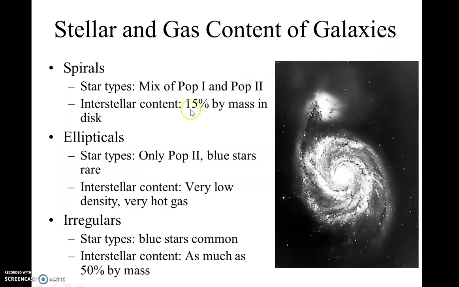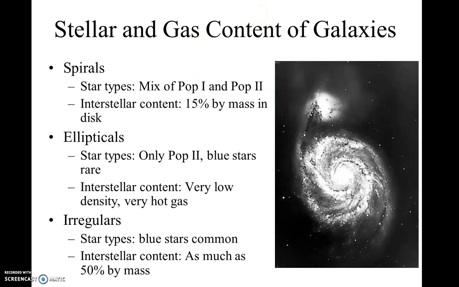All right, so now we're going to talk about the different content of these different types of galaxies: spirals, ellipticals, and irregulars. So as far as the types of stars, the stellar content, with spiral galaxies, you get a mixture of population 1 and population 2 stars.